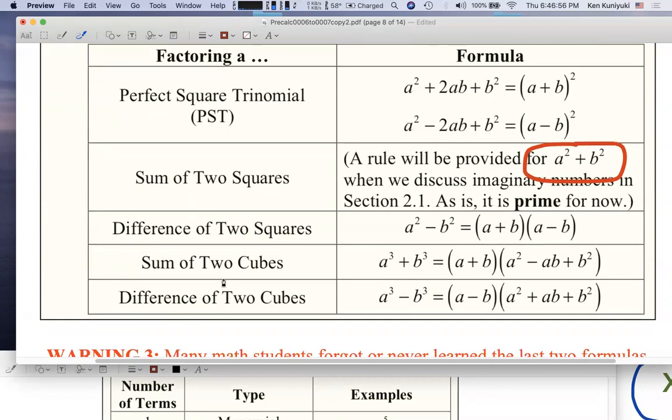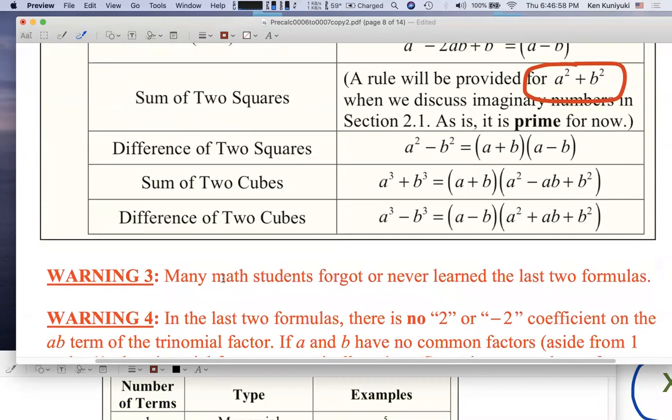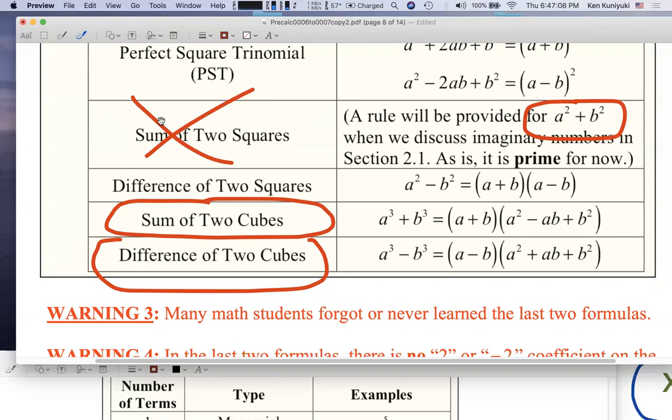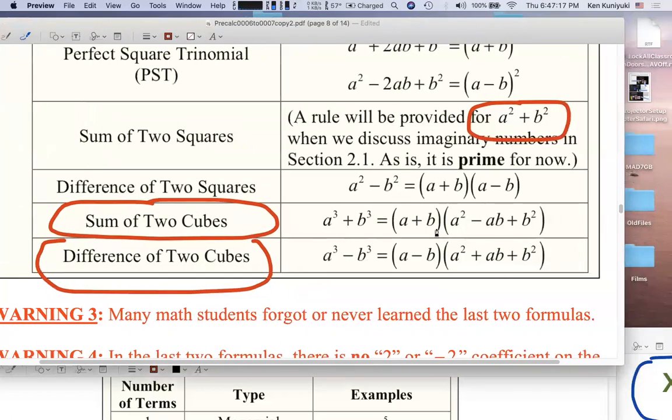Okay, now you may not have seen these before. All right, factoring the sum of two cubes and the difference of two cubes. How do you factor a cubed plus b cubed? We do factor these, even though we don't factor the sum of two squares with a general rule yet. Okay, a cubed plus b cubed, also a difference, a cubed minus b cubed. Bottom line is you end up with these guys over here.